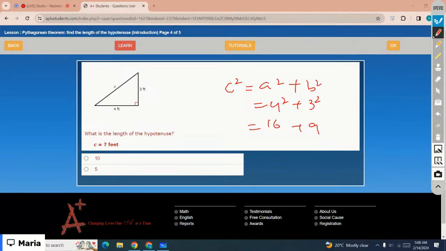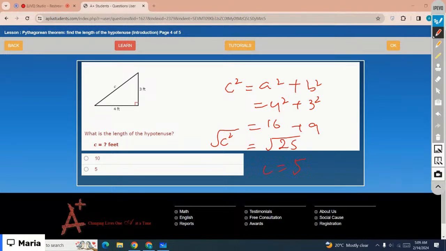So 16 plus 9 is 25. Just calculate the square root of both sides. So the correct option is c equals 5. The correct option is 5.